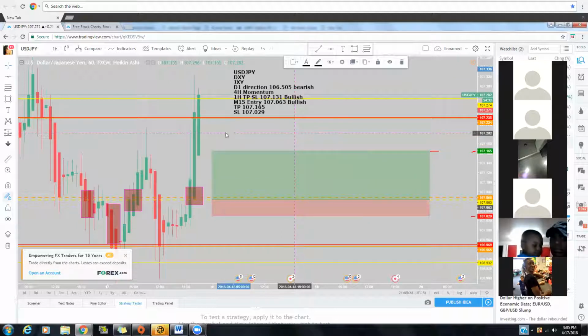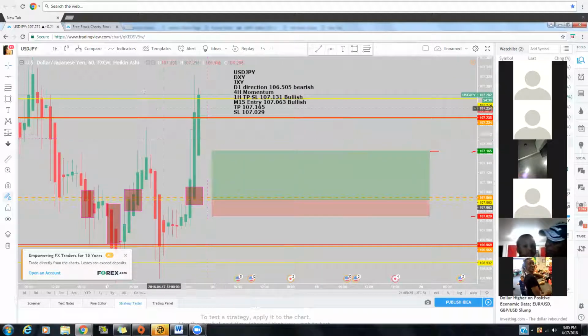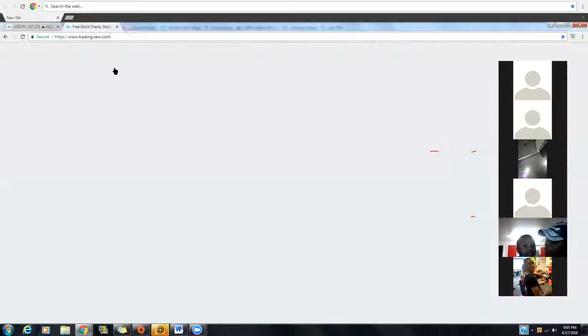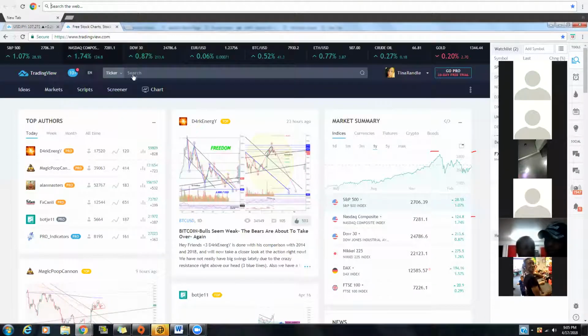Now, indexes seem to be a little bit of a hairy bear, I guess you could say, for some people. But when we're looking at our indexes, you're always looking to check whether the currency pair that you're looking to trade for that day or that week is weak or strong.